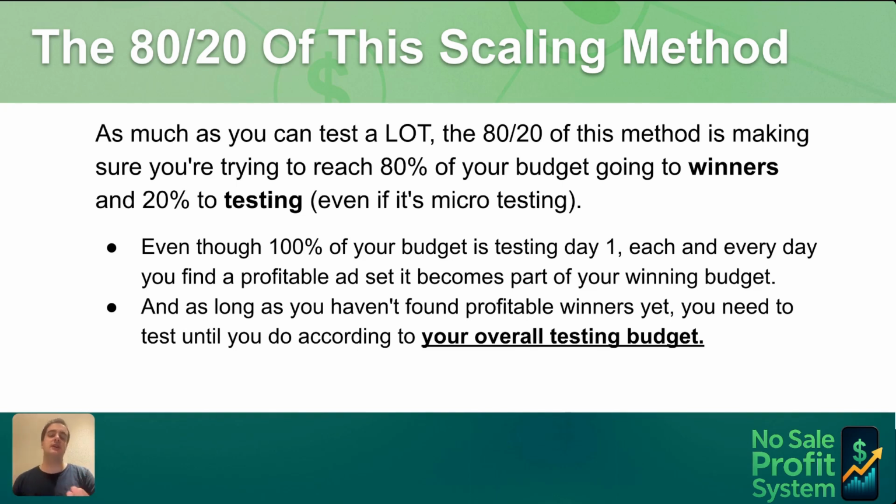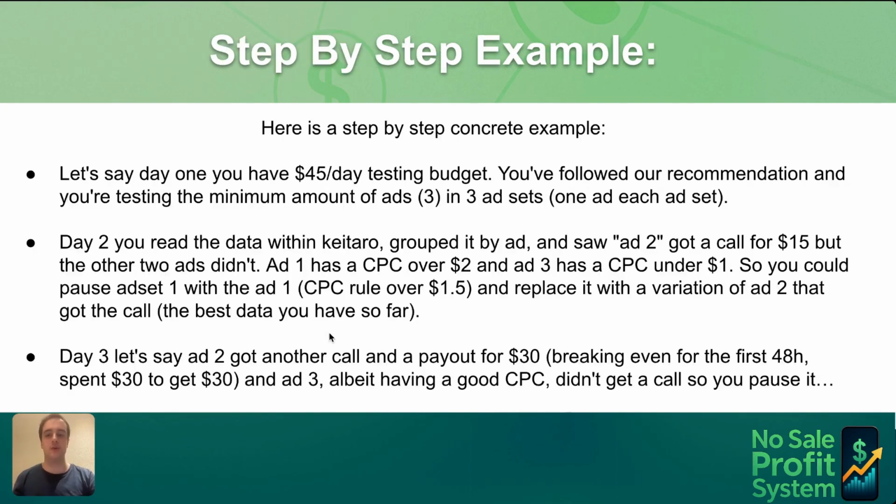So we have 40% of budget going to winners. And ideally, you want to try to get closer to 80-20, to 80% of your budget going to winners. Easier said than done, because for you to get there, you actually need to find winners first. And this is what this is all about, okay? So obviously you need to keep testing until you get closer to that 80-20, to 80% of winners and 20% of testing.